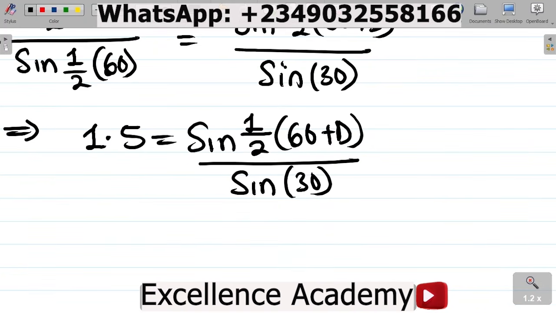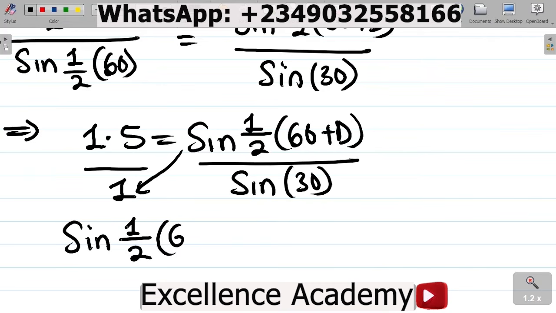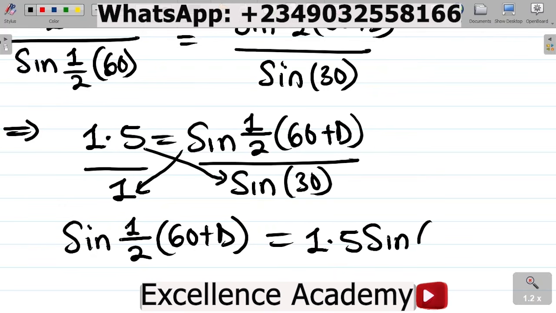Now in solving this, this is of course all over 1. So it becomes this times 1. Sine of half into (60 plus D) times 1 gives you sine of half into (60 plus D). This one here is equal to, this multiplies this, that gives you 1.5 sine 30.